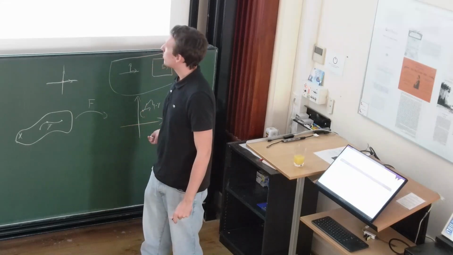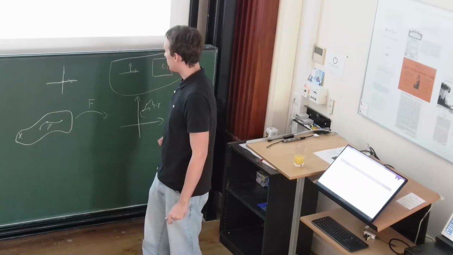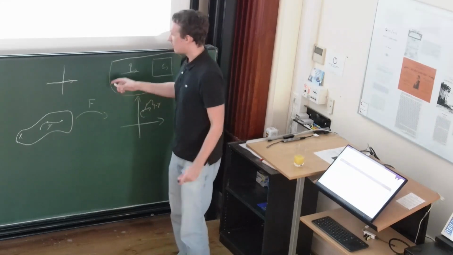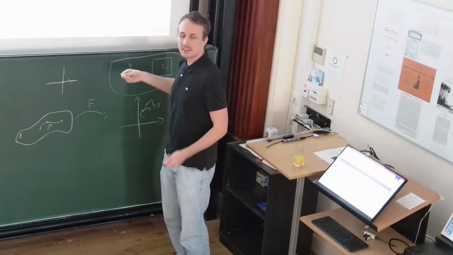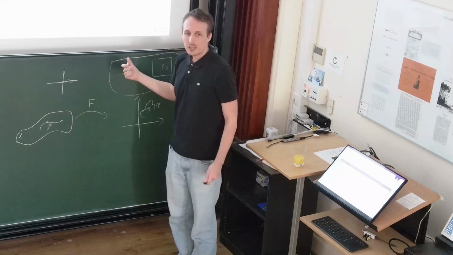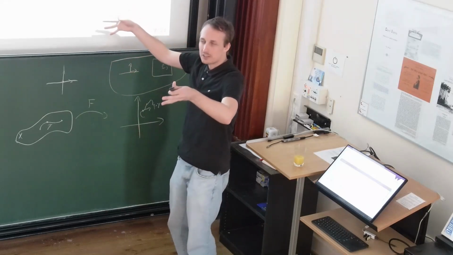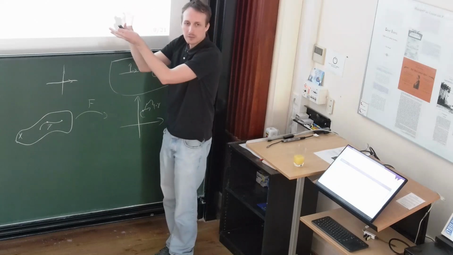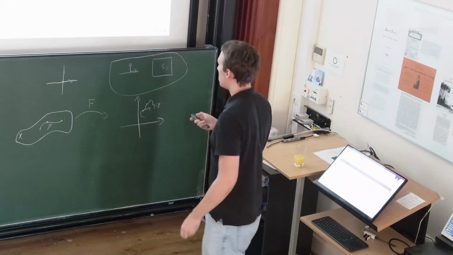Also, as a side note, this is different from looking at just the pointwise image, so looking at the set F of E and then constructing the weak tangent field there, because you could have a bunch of things which are not curves get collapsed by F into something that's a curve. So you could get more curves in the image.